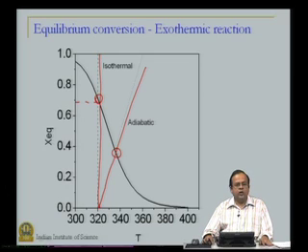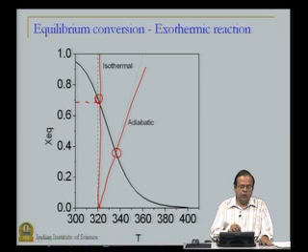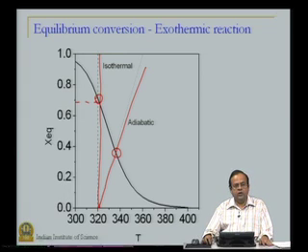So, there is a constraint on how much maximum conversion you can get, which thermodynamics has put on us. For an exothermic reaction, lower temperatures mean higher equilibrium conversion, but lower temperatures also mean lower rates.